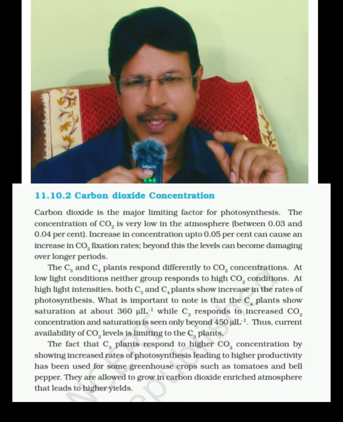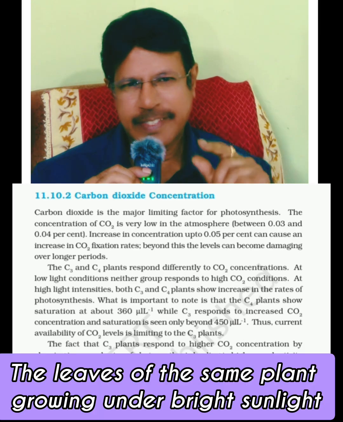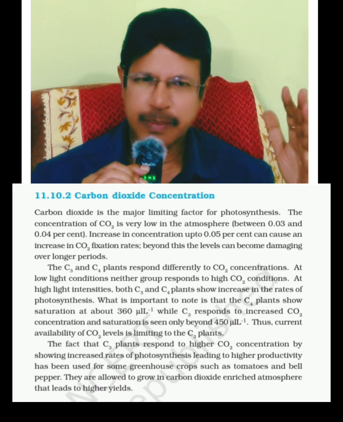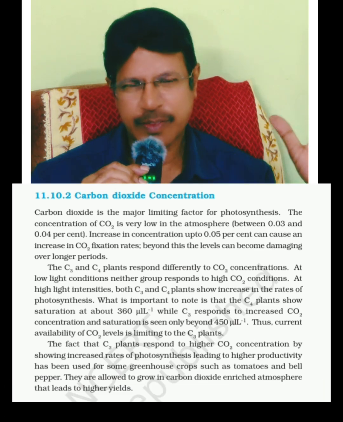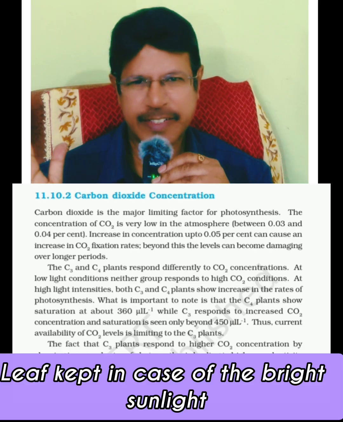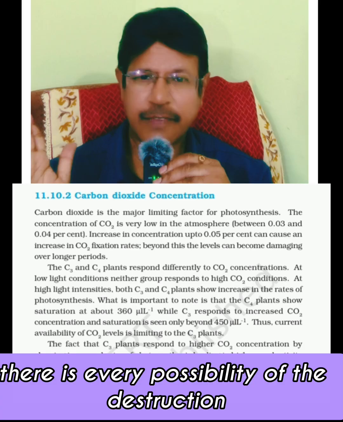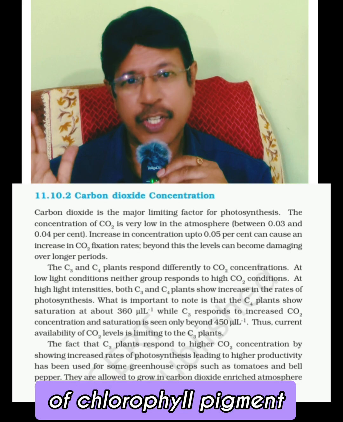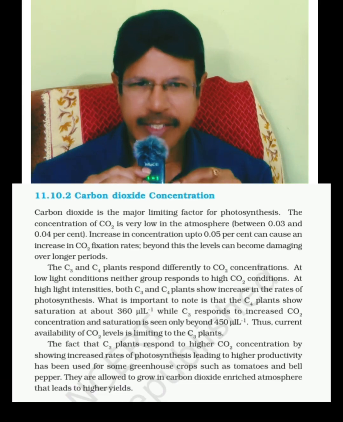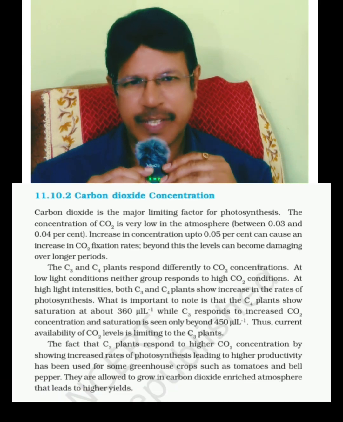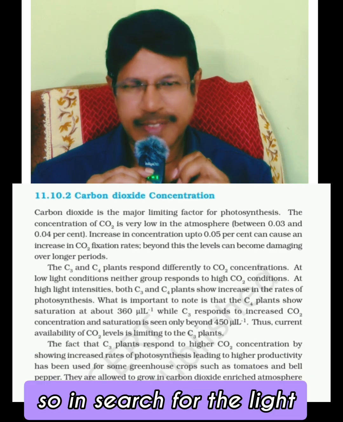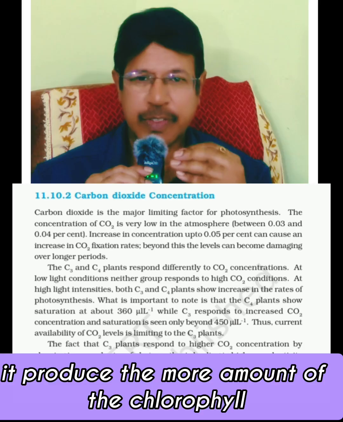Next, consider leaves of the same plant growing under bright sunlight, on the shady side, and a leaf kept in the dark. What is the color? In bright sunlight, there is every possibility of destruction of the chlorophyll pigment. That's why it is light green in color. In the case of shade, the plant struggles to receive light, so in search of light it produces more chlorophyll.